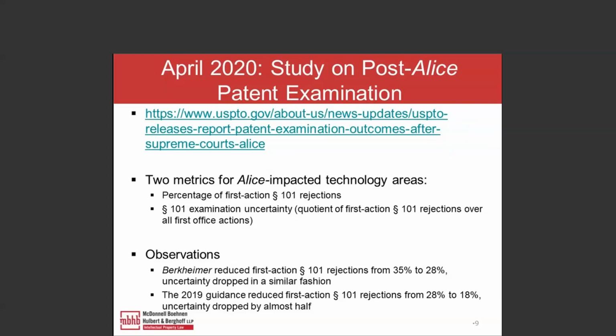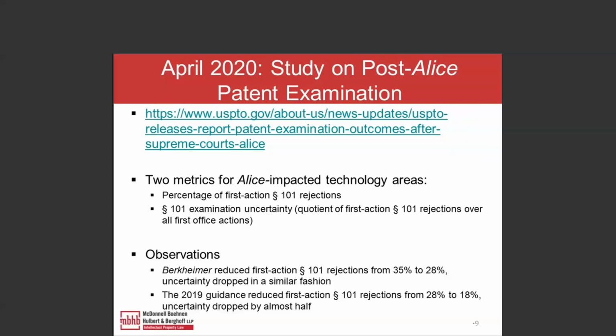And so the observations that the office published in this document is that the 2018 Berkheimer case, which was a Federal Circuit decision that interpreted the Alice test in a somewhat more patent-friendly way, reduced first Action 101 rejections from 35 to 28%, and the uncertainty metric dropped in a similar fashion.